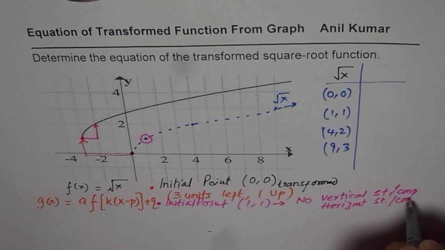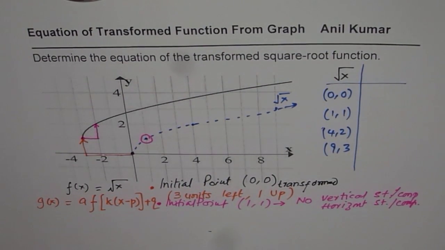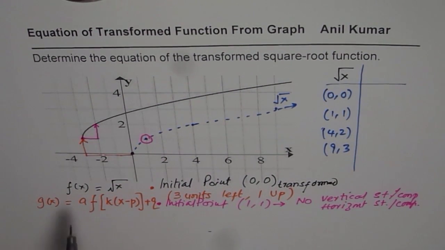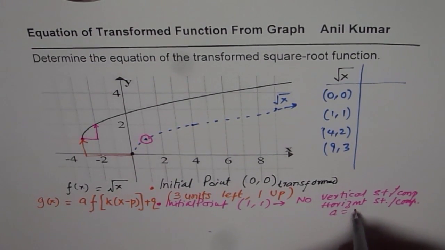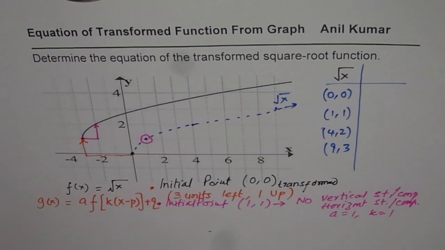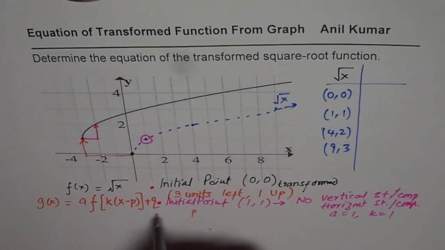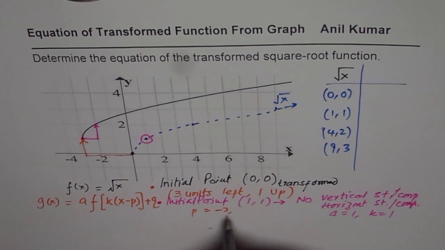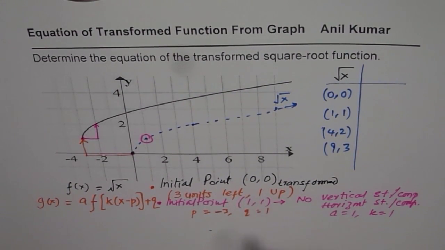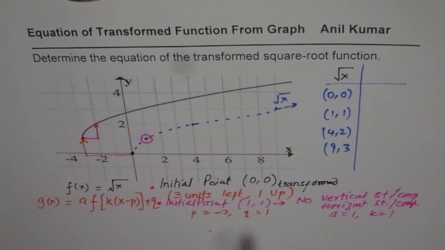Stretch and compression are kind of similar things, right? So that means a equals 1 and k equals 1, right? And earlier we found the values of p and q. p is minus 3 and q is 1. Looking into this, we can definitely write down our transformed function.